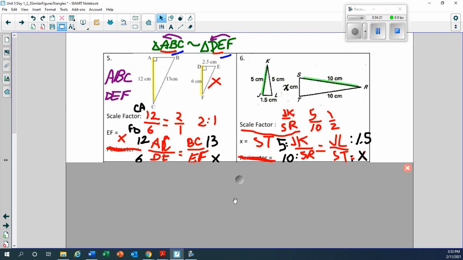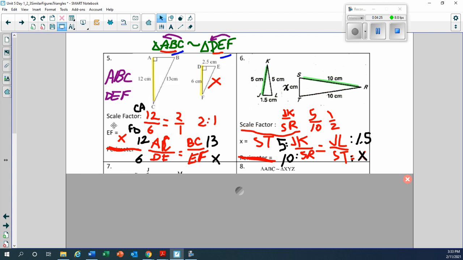Now, going to the second part of the problem, we want to figure out what the value of EF is. That's why we have this X. We don't know it. However, we do know the following. We know that BC corresponds to EF, so we put BC on top of the EF.